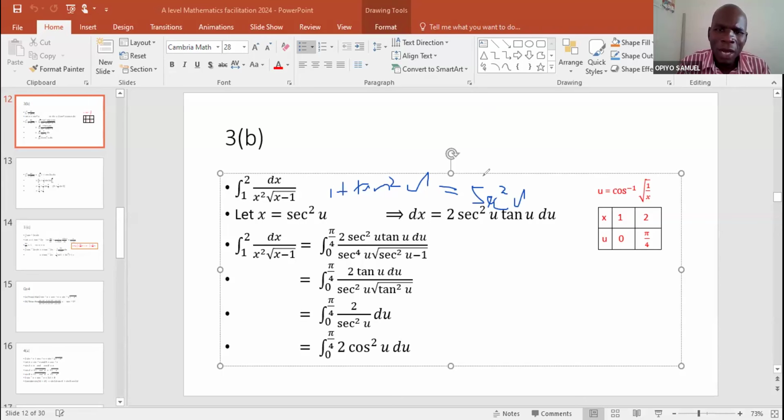By letting x be equal to this, you can easily simplify that expression, and you will be able to integrate. So that is how it came about.